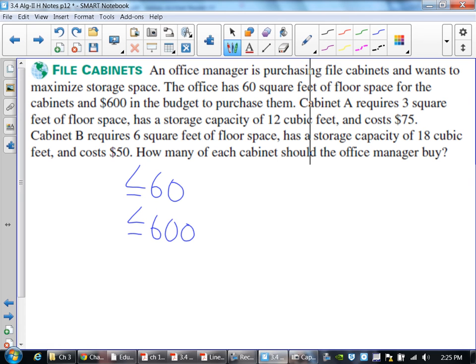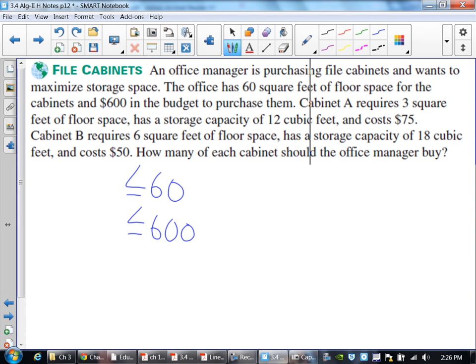Now read the next line. Cabinet A needs 3 square feet of floor space, has a storage capacity of 12 cubic feet, and costs $75. Cabinet B, 6 square feet of floor space, storage capacity of 18 cubic feet, and it costs $50. How much of each should you buy?